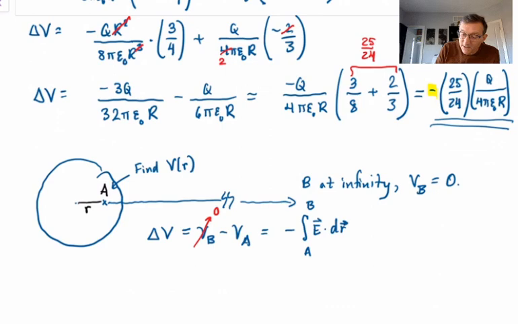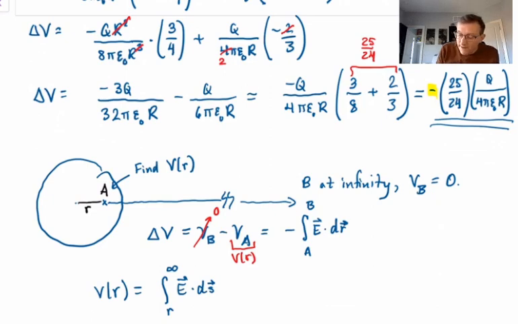And then those two negative signs on each side cancel. And I'll replace the expression V at A with V of r. So what I have left is V of r equals the integral, with the lower limit now being the radial distance of point A, and the upper limit being a radial distance of infinity, of E dot ds.